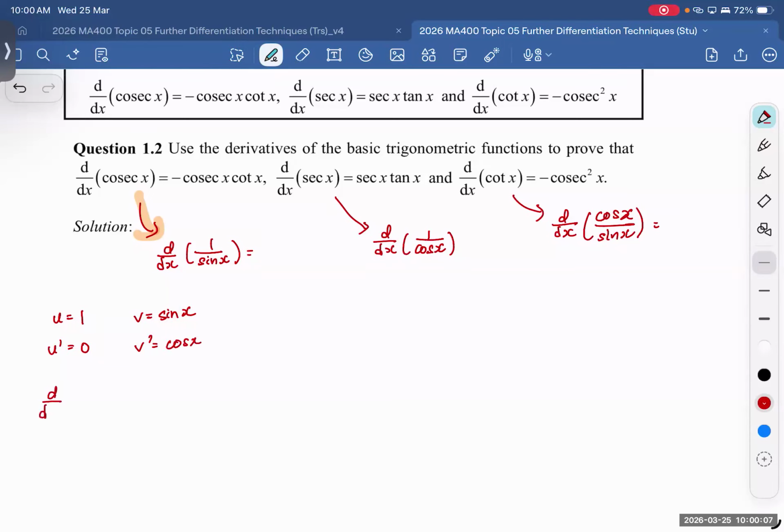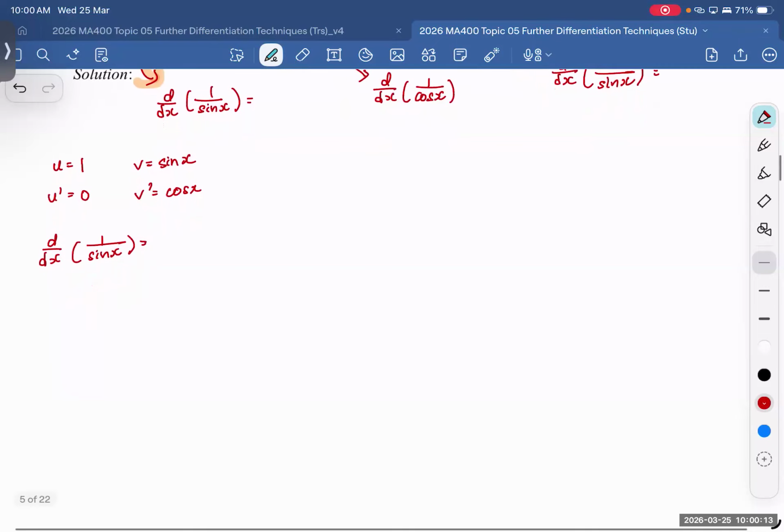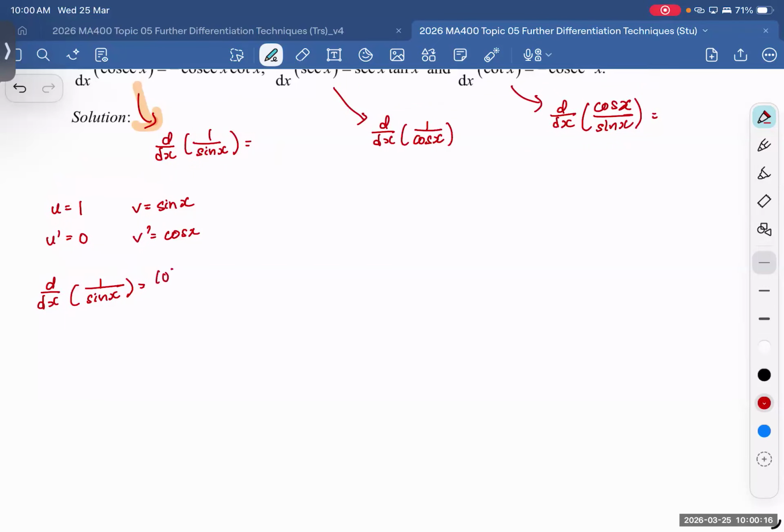So the derivative of 1 over sine is u prime 0 multiplied by sine x, subtract 1 multiplied by cosine, over sine square.